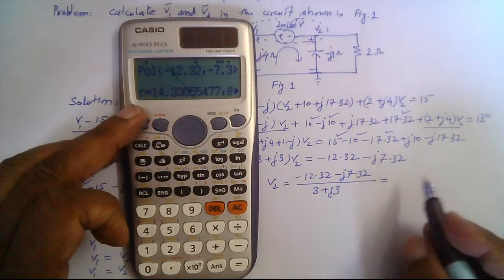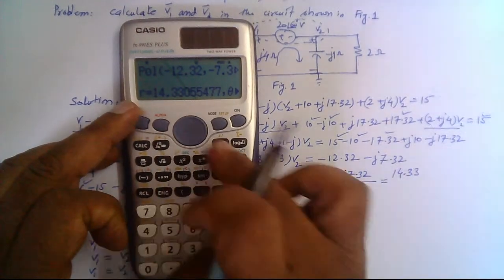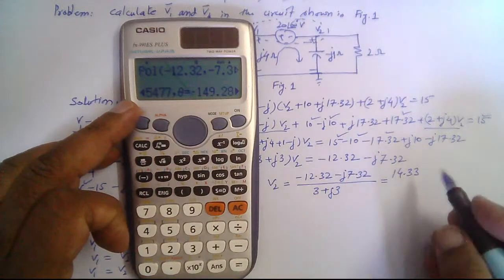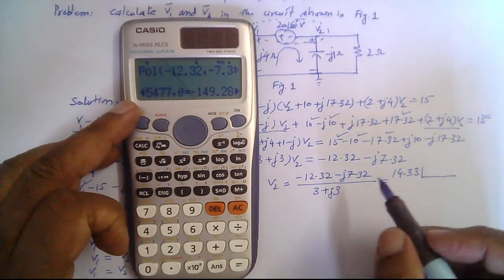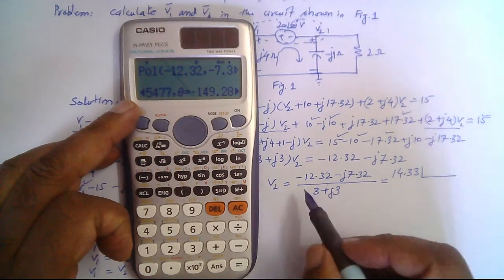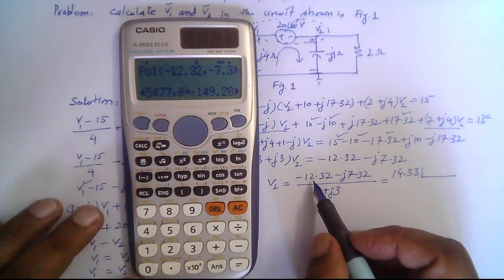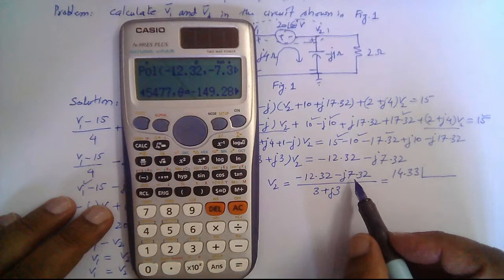So that becomes 14.33 at an angle of minus 149.28. But see, the x component of this rectangular number has a negative sign, and the y component also has a negative sign, right?